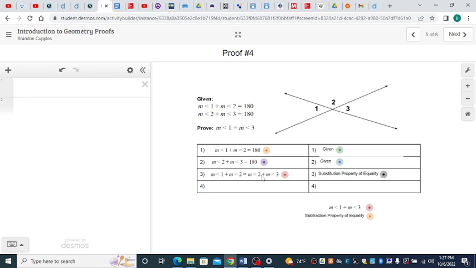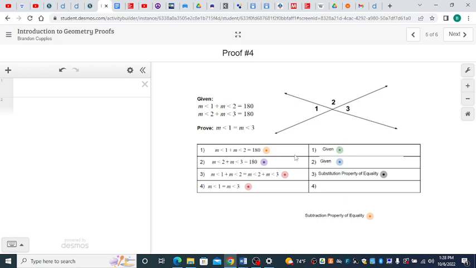Now, if I have this equation, I can then subtract angle 2 from both sides, and what's left over is my proof. Now, every year I get the question, or people want to write in the very last step is the prove because the first step is the given, and that's what we have up here, given and prove, and that's not the case.